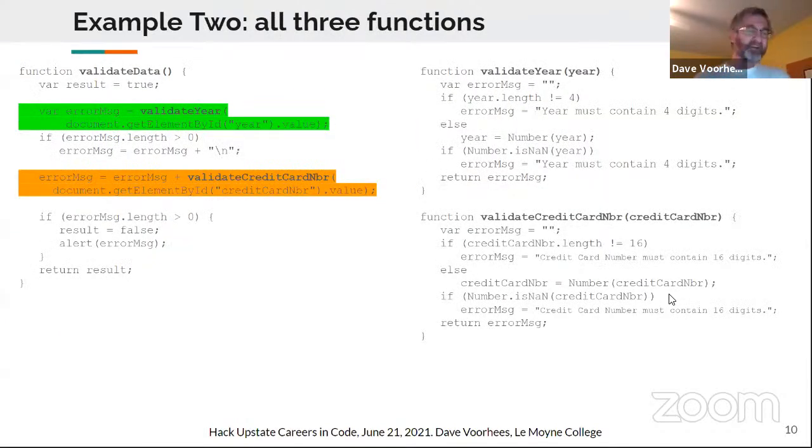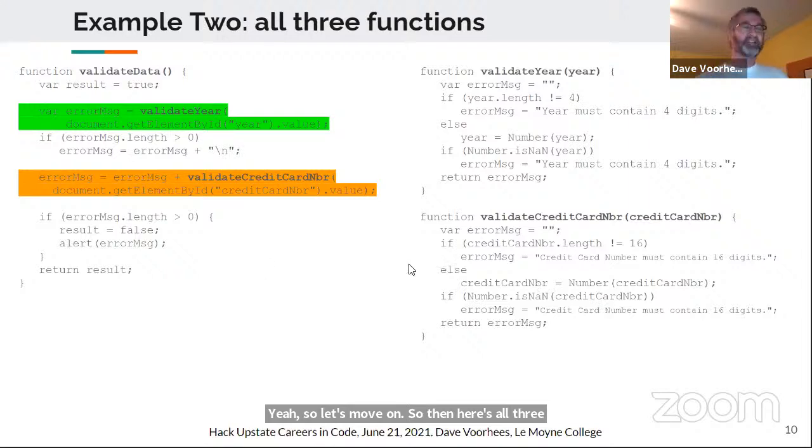So then here's all three functions for the second example. So again, this was addressing separation of concerns. So here we see the validate data, where we're calling separate functions to validate either the year or credit card number. And then over on the right, we see the function for validate year with the formal parameter called year. We see the function validate credit card number with the formal parameter called credit card number.